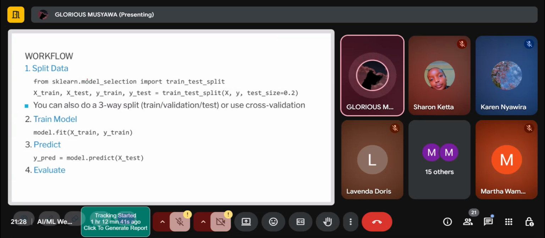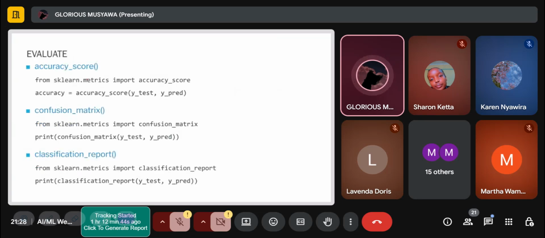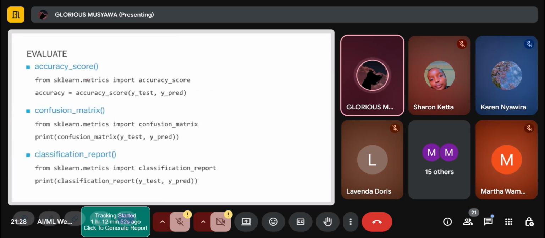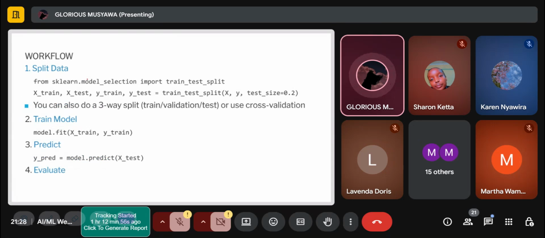You train the model, you predict, then you evaluate: you check your accuracy score, you check your confusion matrix, you see your classification report to see maybe the important features, etc. So this is just a flow, and I commend you guys because most of you have already mastered the flow from the previous project. It's a similar flow to the linear regression flow.